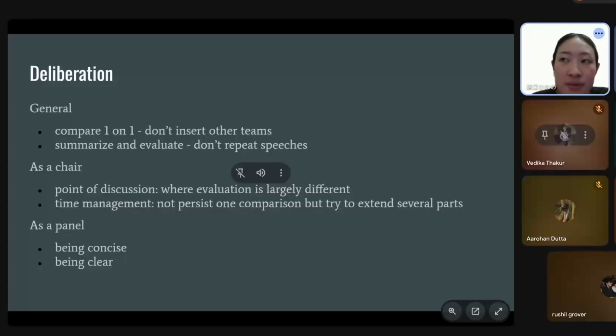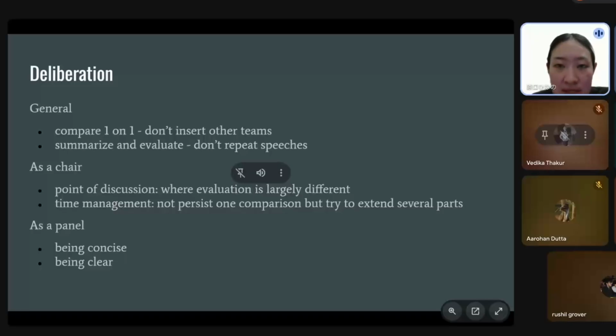So this is how, as a chair, you manage the deliberation: time management, and sorting out what the points of discussion are. But in comparison to this, as a panelist, it is very simple: being concise and being clear.